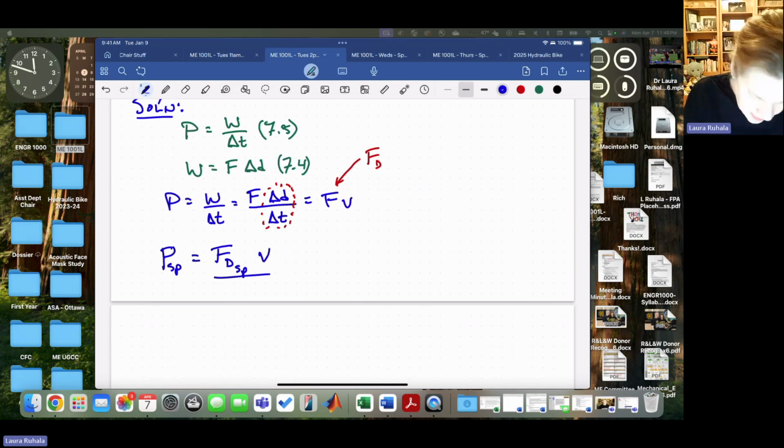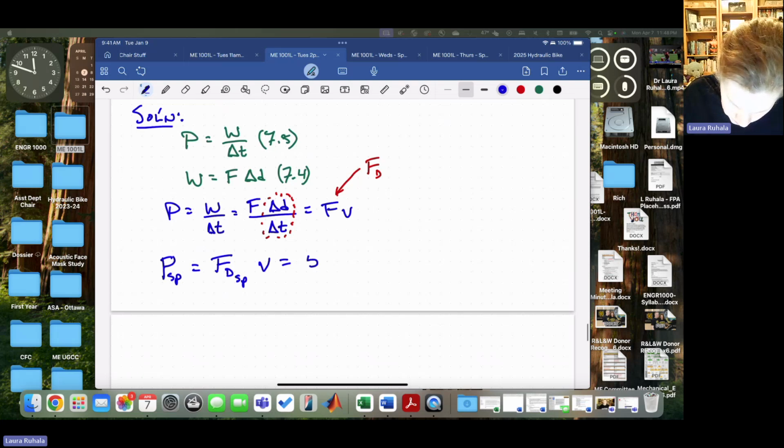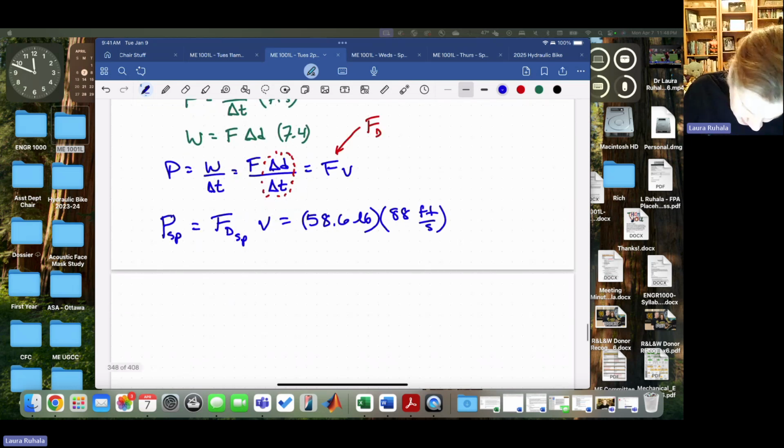Okay, so that is my 58.6 pounds times my velocity. We're going to use that 88 feet per second. So the power required from the sports car, if I multiply those two, I get 5157, and my unit is pound-foot per second.